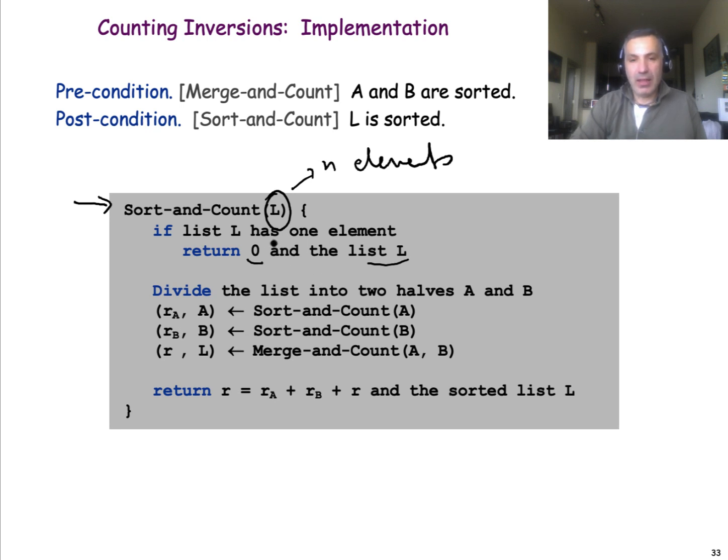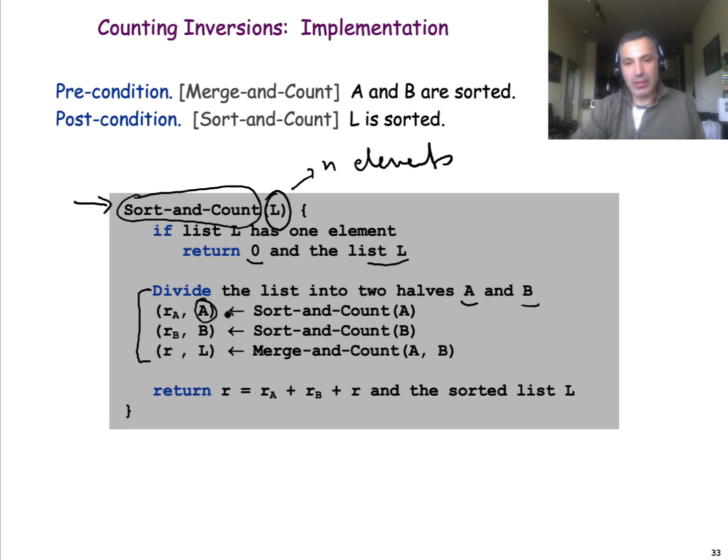On the other hand, if the array L has more than one element, then this is where the recursion happens. This is where the divide and conquer happens. We split the array L into two halves, A and B, and we call this same function sort and count separately for A and for B.